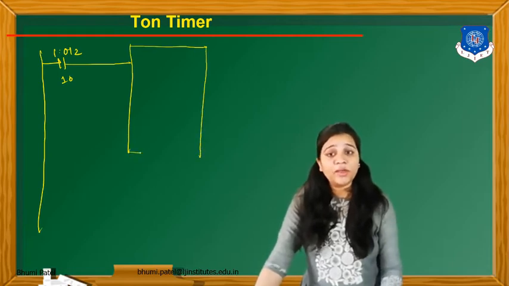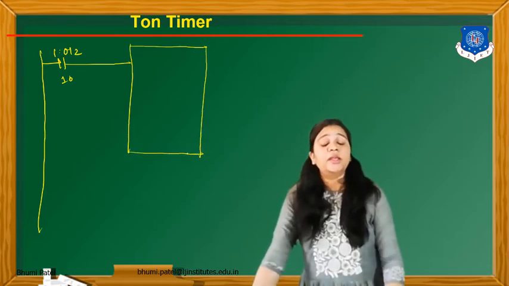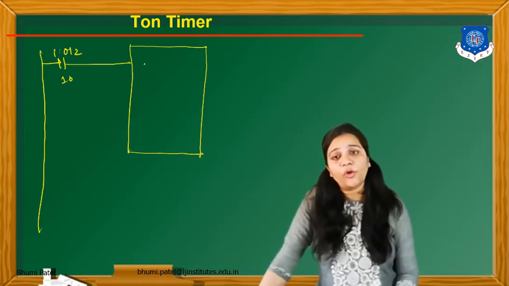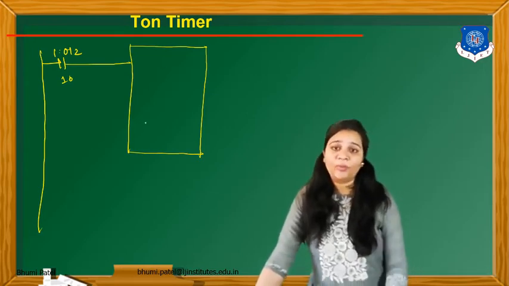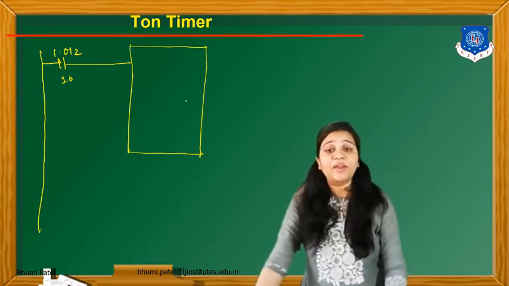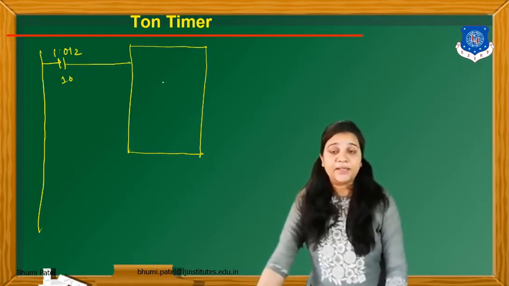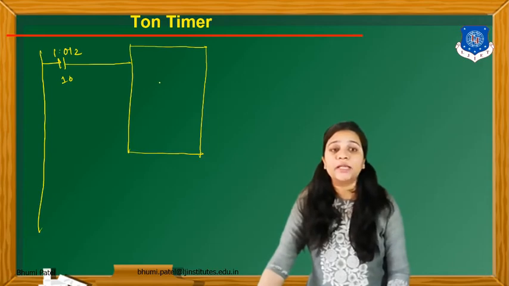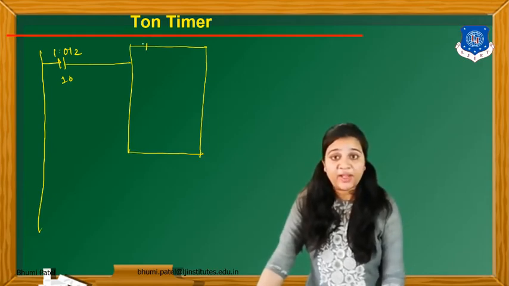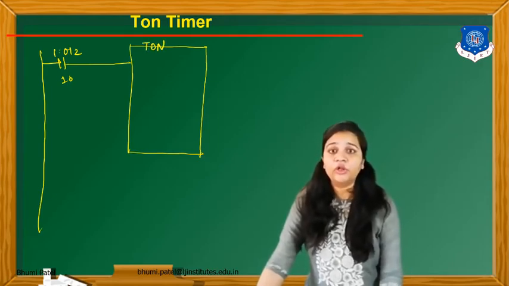Whenever we deal with the program, we write down in the block format only the preset and accumulator registers. But whenever we write the theory, we draw all the necessary things that we have to use in the T-on timer. So we have to write here T-on.